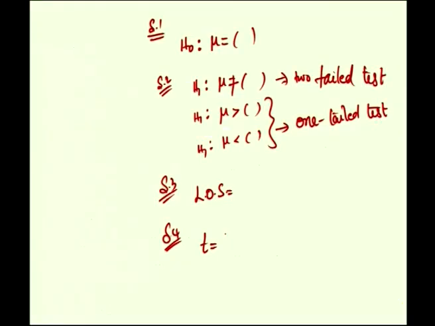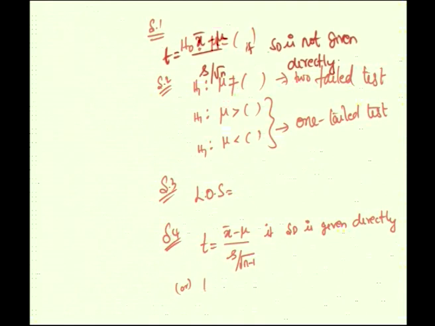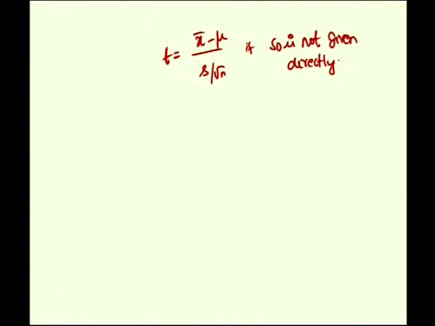I will write down both formulas. So, t is x bar minus mu divided by S divided by root of n minus 1 if the standard deviation is given directly, or t is equal to x bar minus mu divided by S by root n if the standard deviation is not given directly.